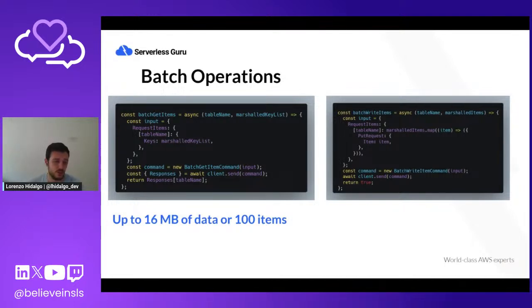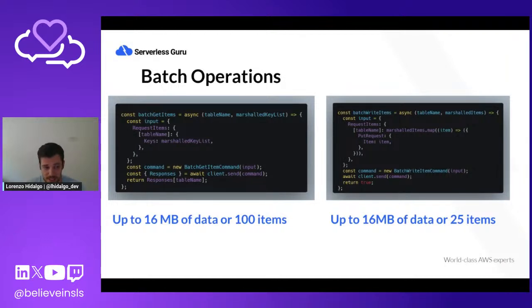Here, something that we also need to keep in consideration while working with batch write commands, or batch commands in DynamoDB, is up to 16 megs of data or 25 items. Why have I written up to and or in both scenarios?